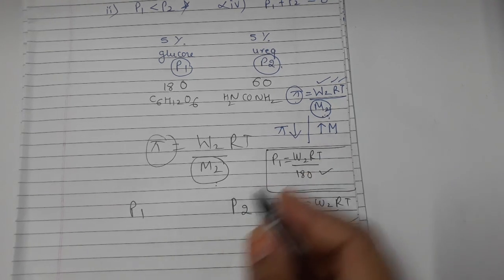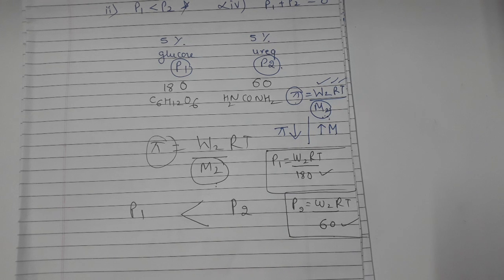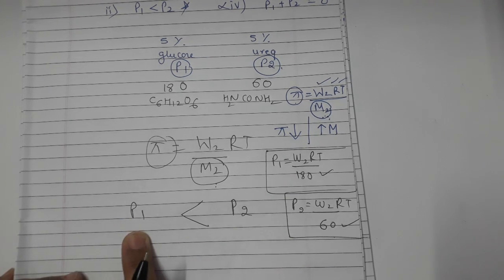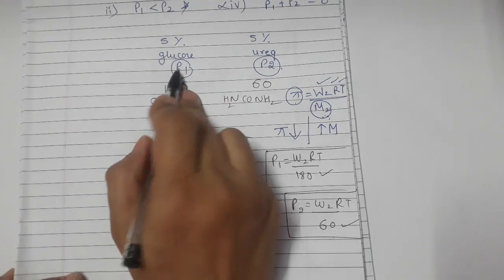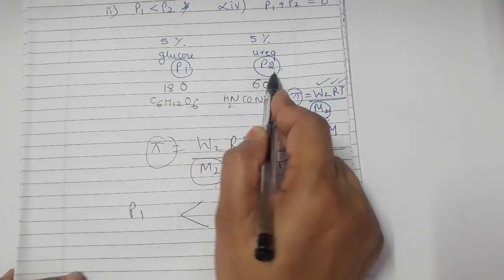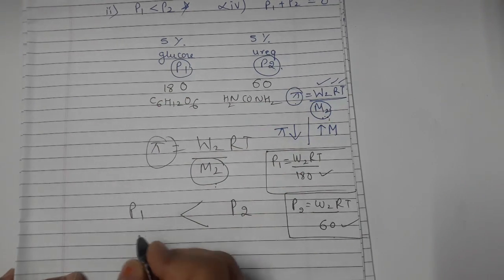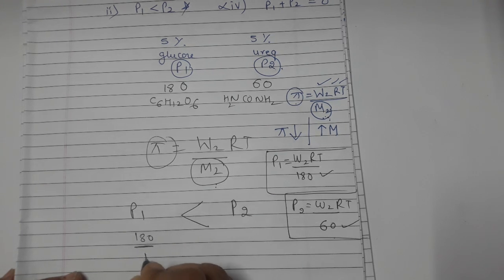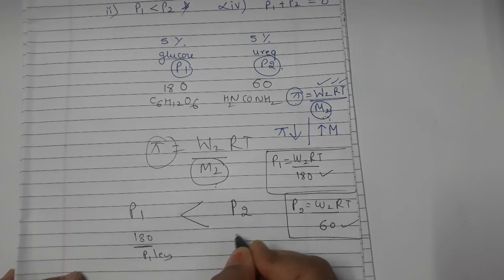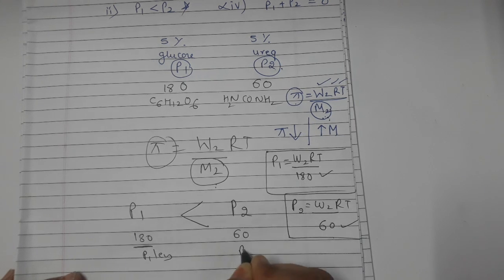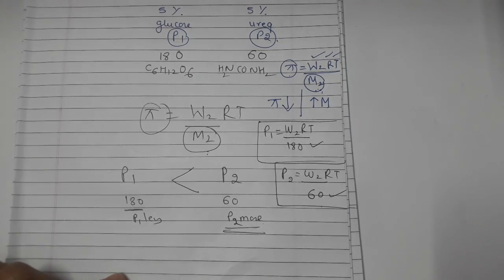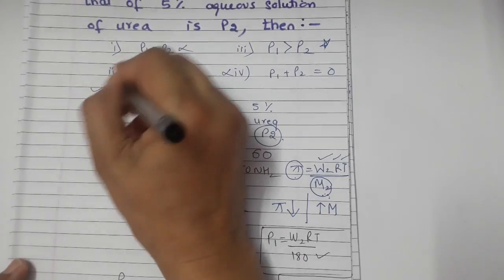So in both cases we come across this: P1, the osmotic pressure of the first solution, that is glucose, is going to be less than the osmotic pressure of urea. Why is it happening? Because its molar mass is more. Hence osmotic pressure is going to be less. Molar mass is less, osmotic pressure would be more. Hence I have written P2 is more than P1. So our answer is this option.